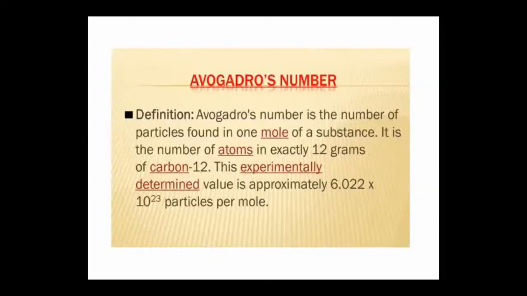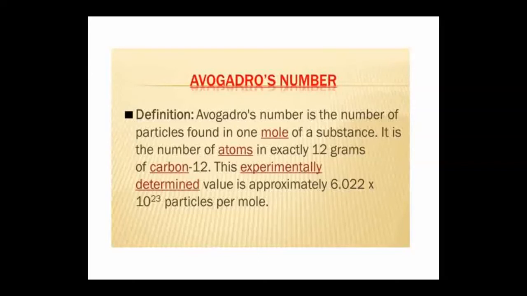Avogadro's number is the number of particles found in 1 mole of a substance. It is the number of atoms in exactly 12 grams of carbon-12. This experimentally determined value is approximately 6.022 × 10^23 particles per mole.